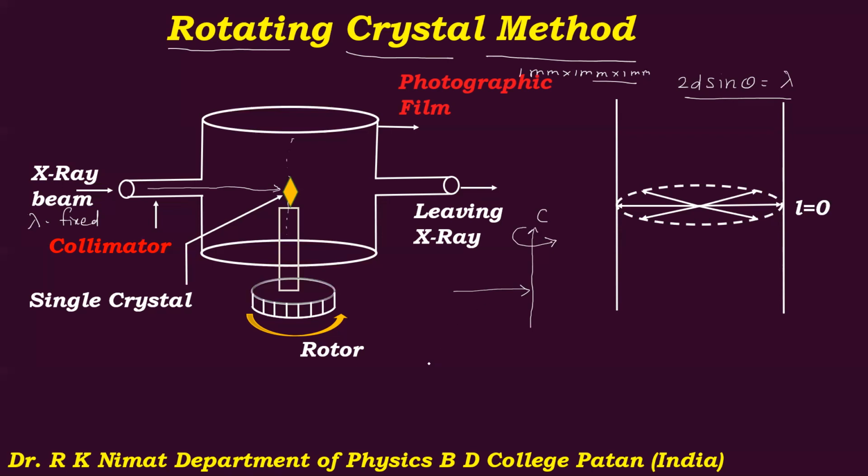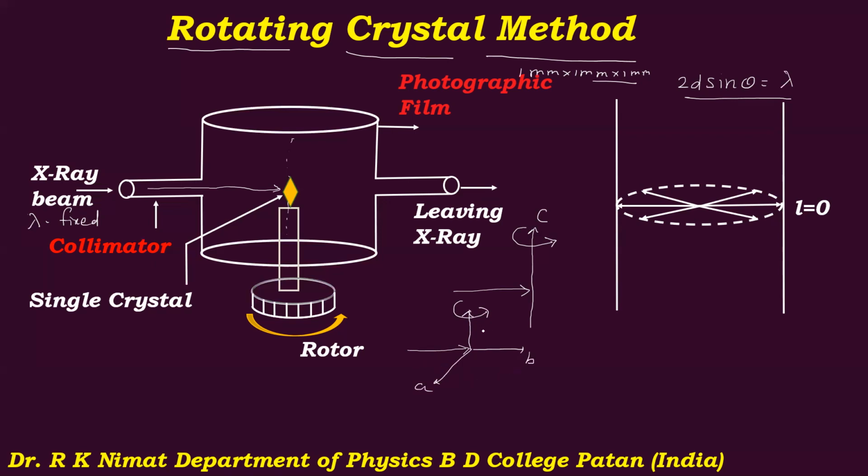That means if you consider, suppose this is the direction of the incident X-rays, and suppose this is the c-axis which coincides with the axis of rotation, and suppose these are the other two axes. Suppose this is the a axis, and suppose this is the b axis.